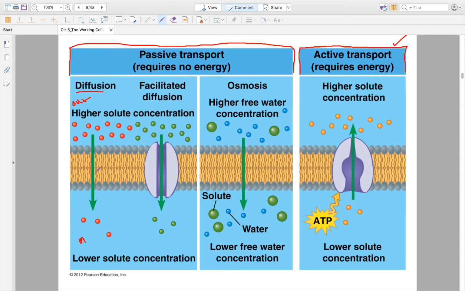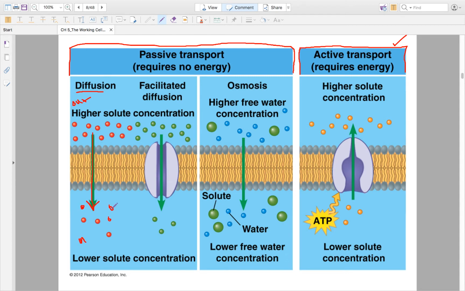By the laws of diffusion, if a molecule can pass through the plasma membrane, it will always move from a region of high concentration to a region of low concentration until they're equal on both sides. These molecules are just going to keep coming through.